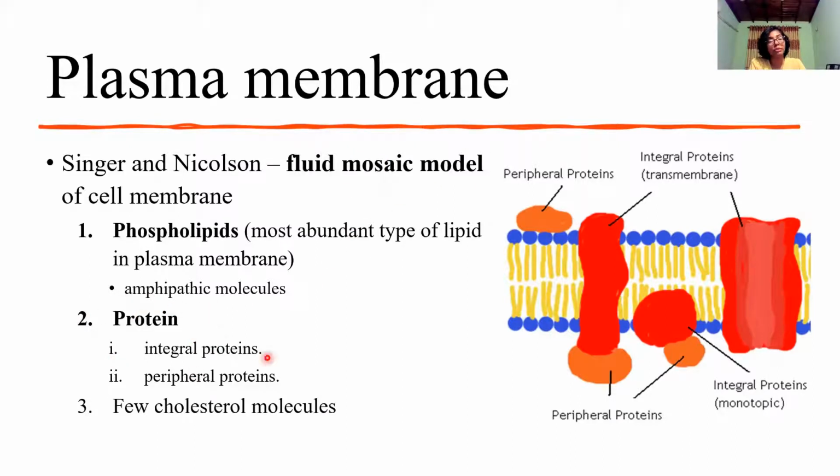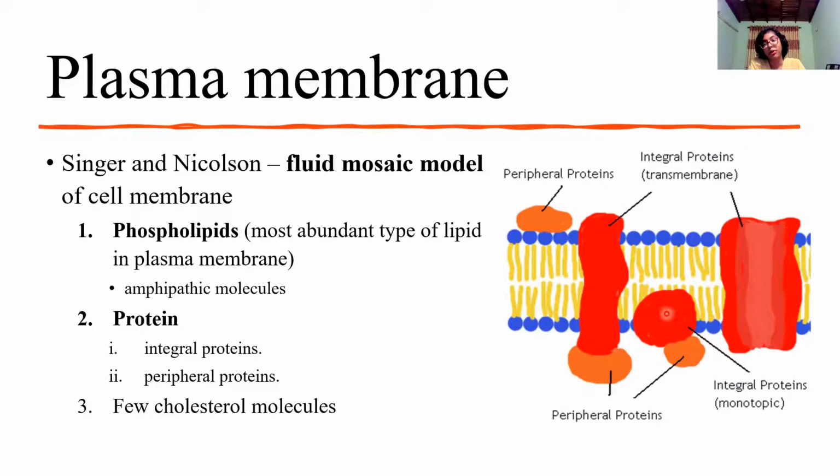There are two types of proteins. One is integral proteins. Here you can see two types of integral proteins, and then we have peripheral proteins. Integral proteins could be transmembrane proteins or monotopic proteins. A transmembrane protein actually spans the cell membrane. They are fully embedded in this cell membrane.